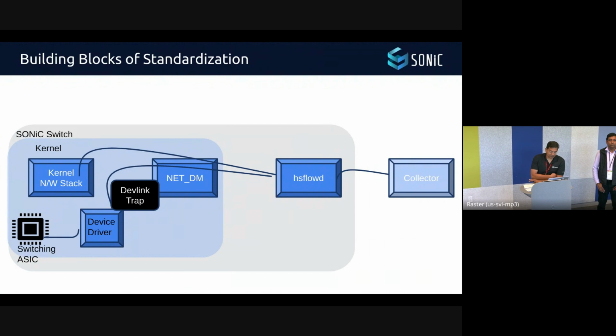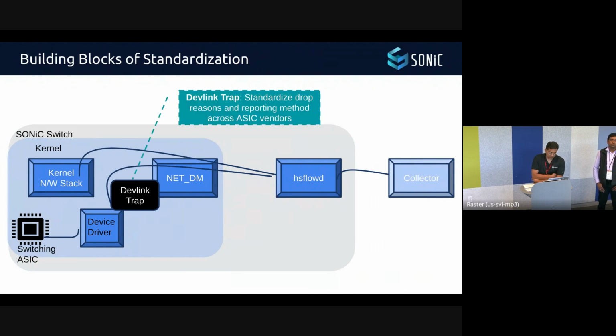Now let's look at the other blocks that help this standardization. These are all existing components and standards in the Linux and SONiC community. The first one was devlink trap. So devlink trap allows us to standardize drop reasons and the reporting methods across ASIC vendors.